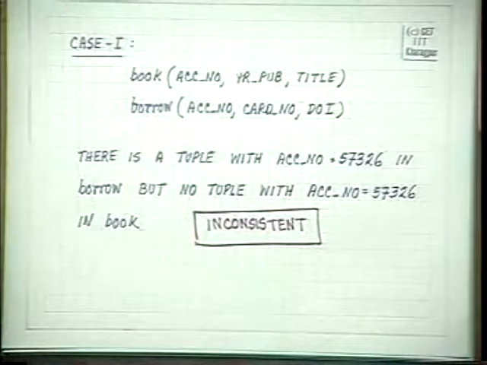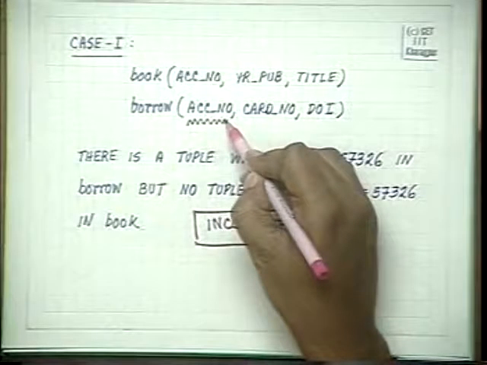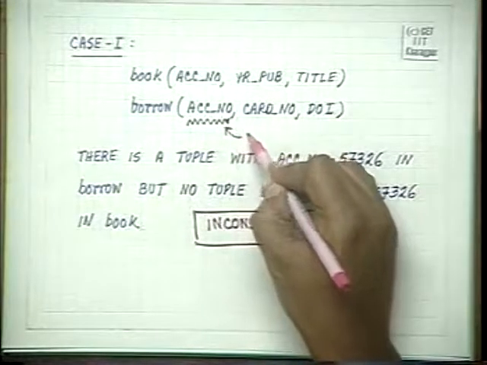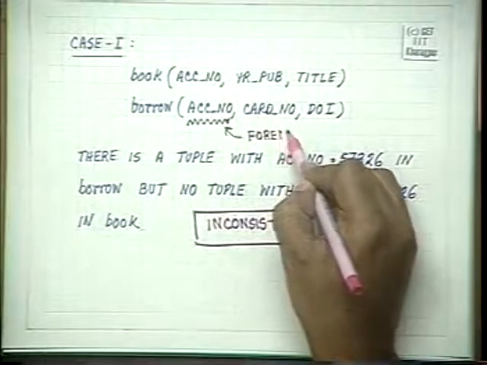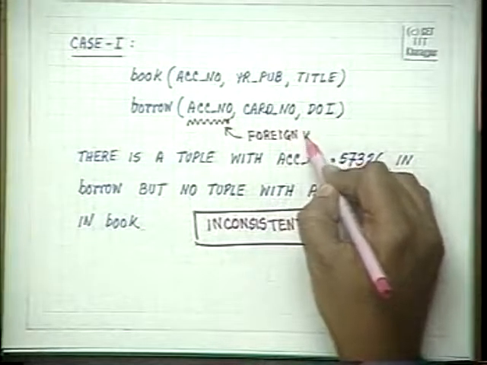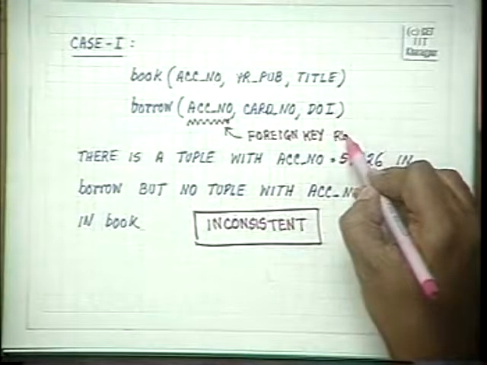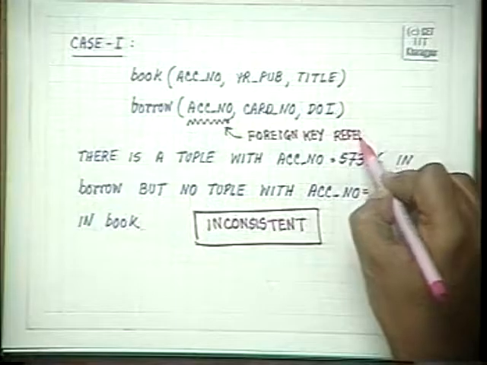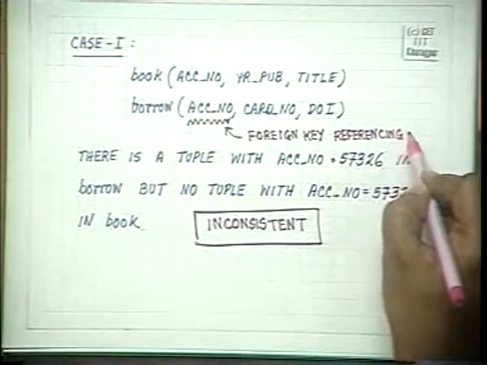We say that accession number is a foreign key referencing book.